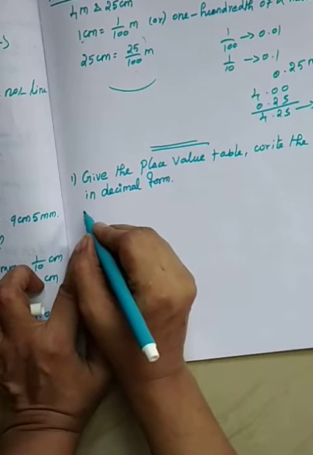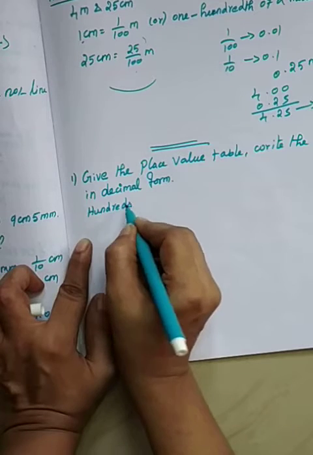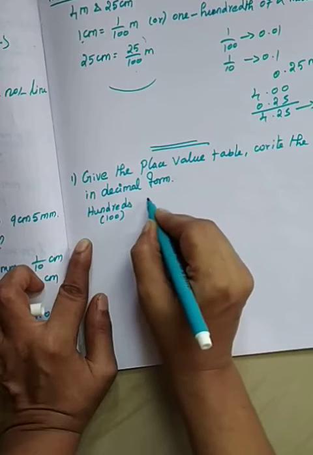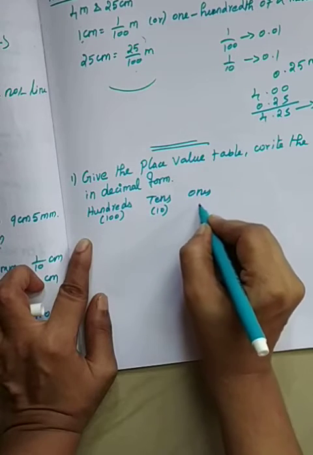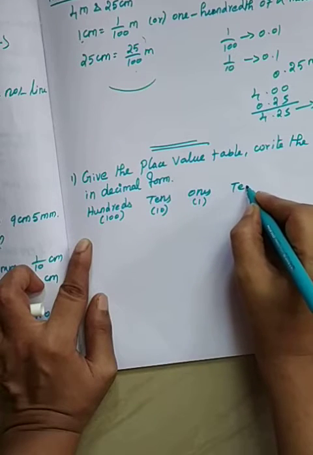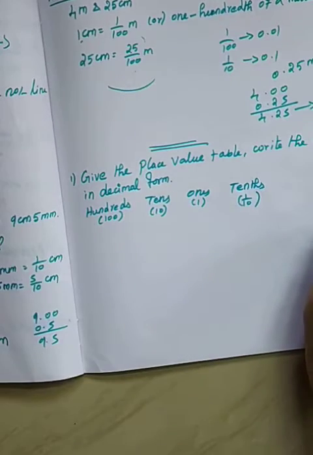See here, hundreds, tens, ones, tenth, hundredth.